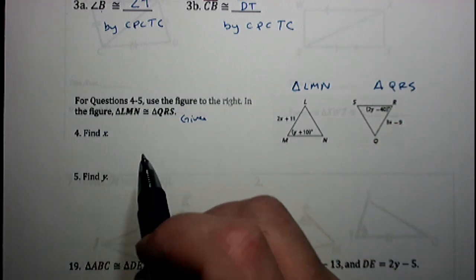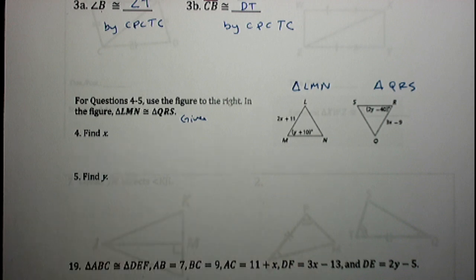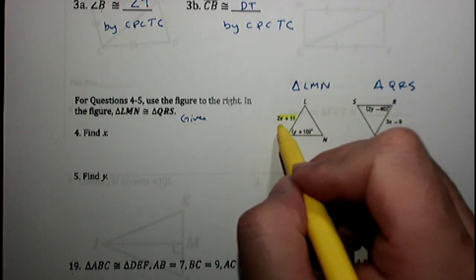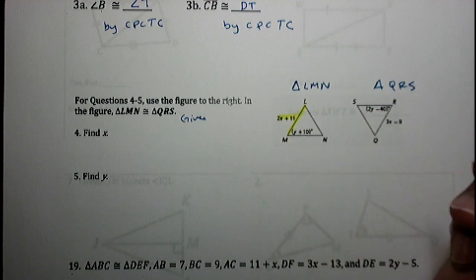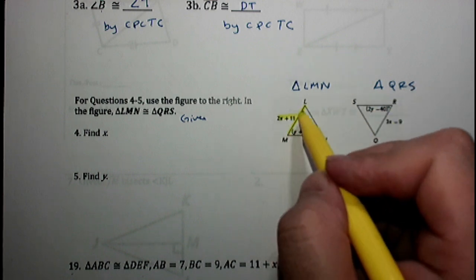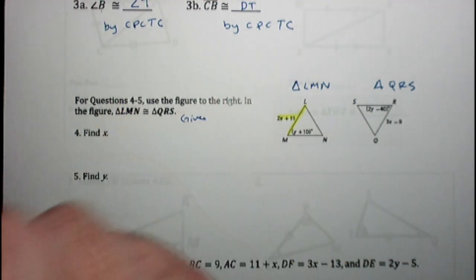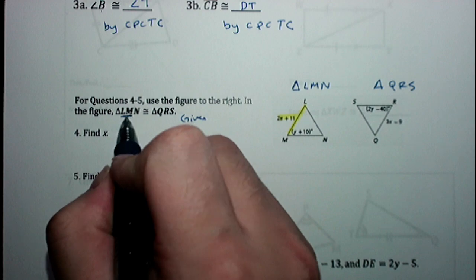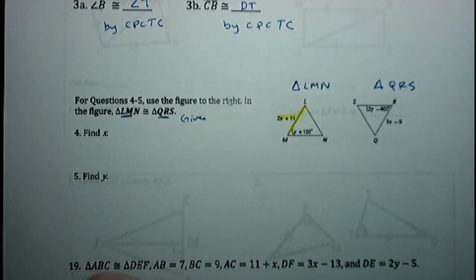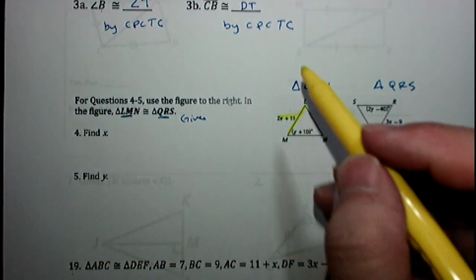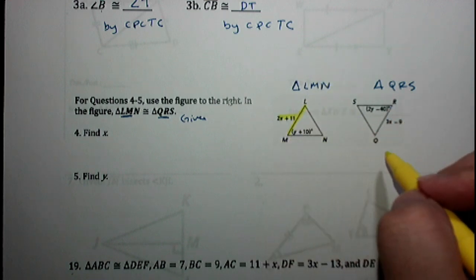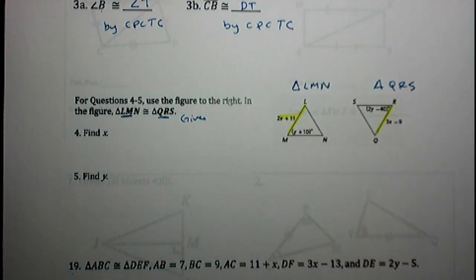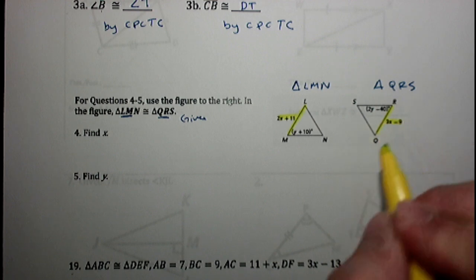So I can see that since I'm trying to find x here, this is where x is located. It's part of that 2x plus 11. I know it's really hard to see because it's dark here, but 2x plus 11 is part of LM. So if I'm looking at line segment LM, it's the first two letters of this statement here. So I need to look at the first two letters of the other triangle, which is QR. So line segment LM corresponds with line segment QR. And that's great because, look, we have our 3x minus 9.